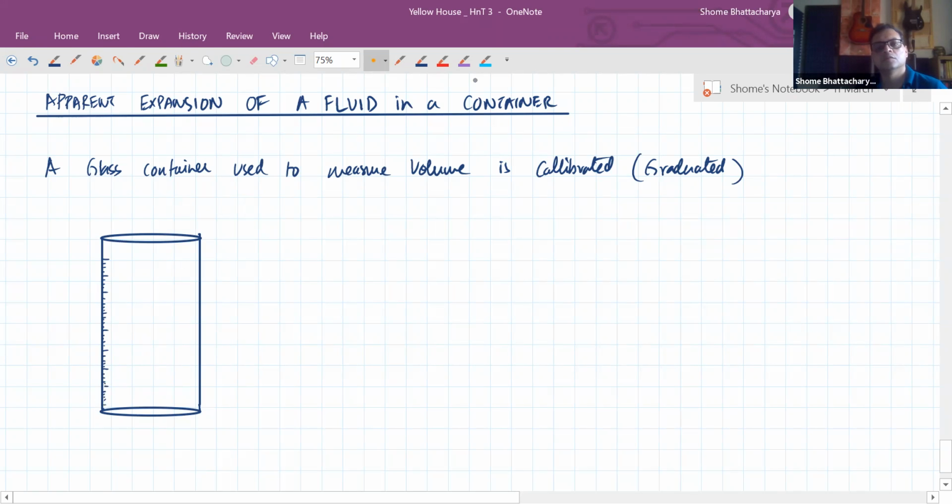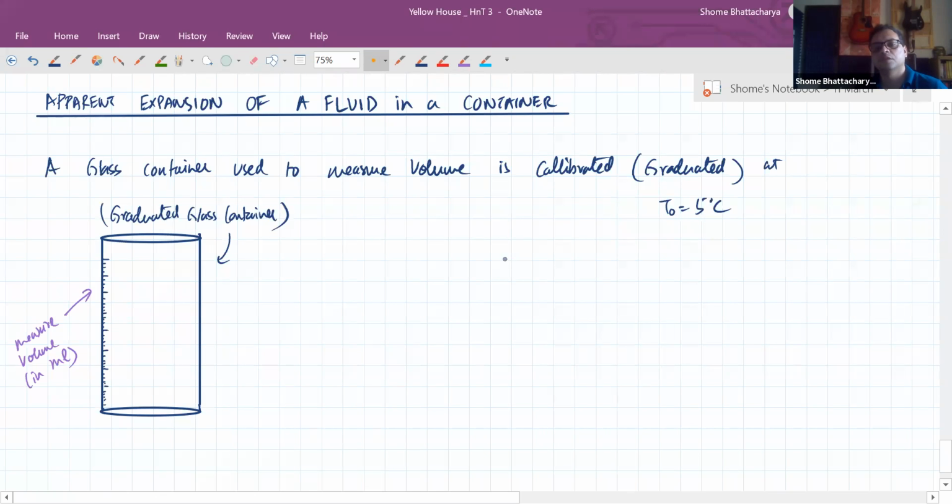Okay. So this is to measure volume, let's say in milliliters. So this one is calibrated at a temperature of 5 degrees C. Okay.